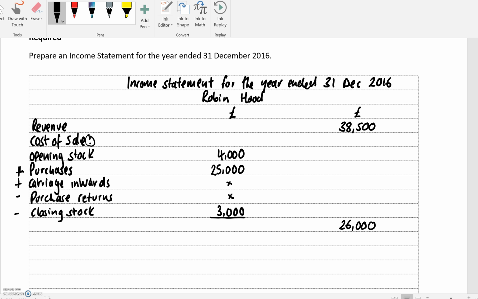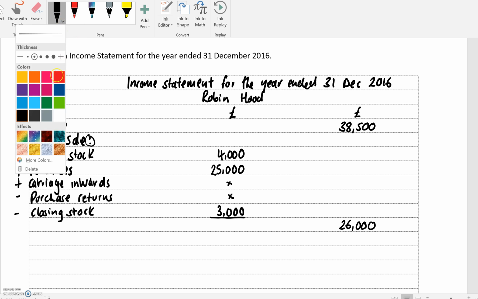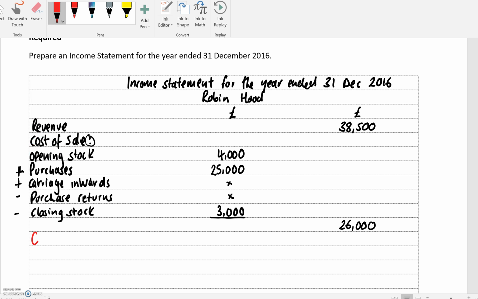Okay, so now we need to work out the gross profit. I'm going to put this, because this is a calculation that we would have to do. The gross profit is revenue take away your cost of sale.